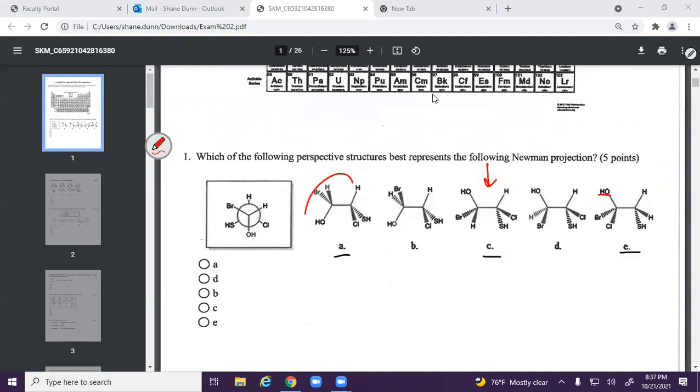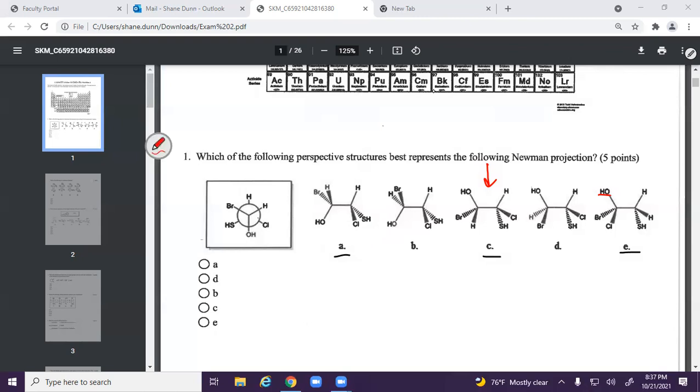So the answer is A. So what's different between A and C? It had to do with the hydrogen being in the front. Well, technically, with this one, A is also a wedge too, right? So what's going on here? Yes, exactly.